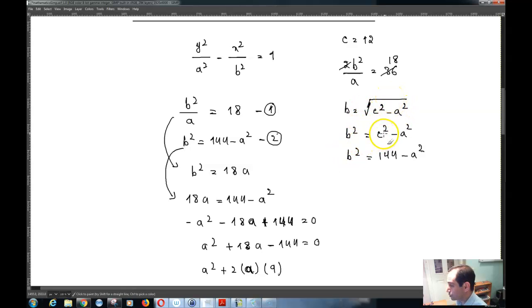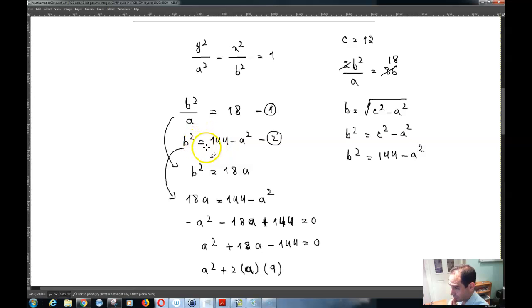That means b squared is equal to c squared, which is equal to 144 minus a squared. So b squared is equal to 144 minus a squared.